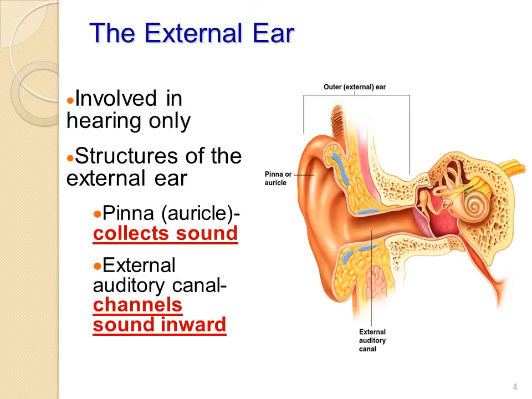You can see in this picture the pinna, or auricle, that collects the sound, and the external auditory canal that channels sound inward to the eardrum. So the external ear includes the pinna or auricle and the external auditory canal.